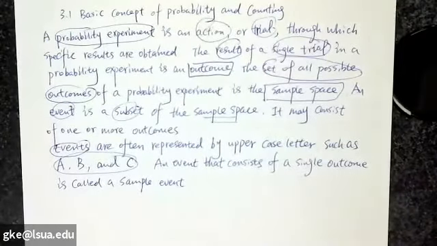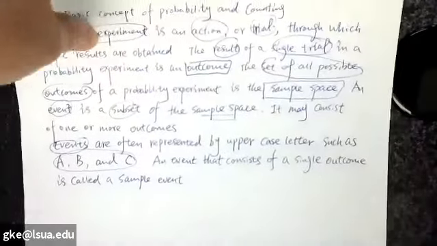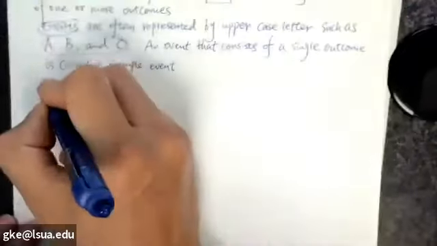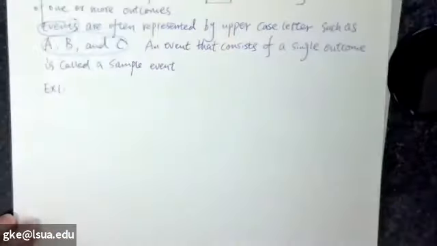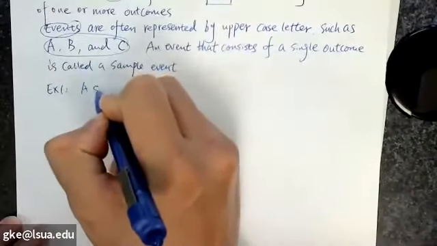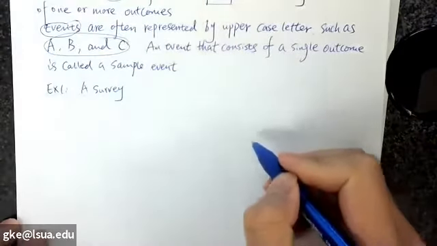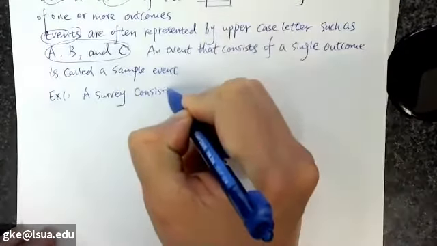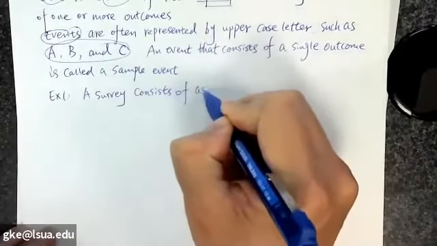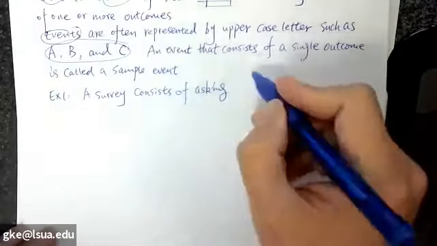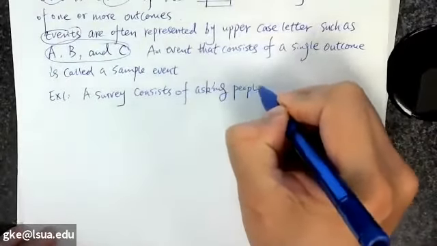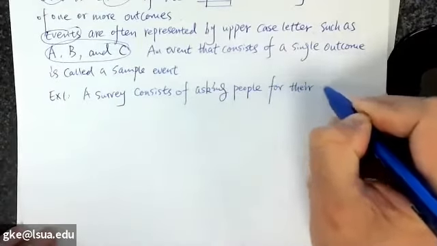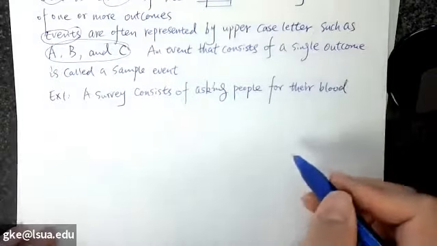The first example. A survey consists of asking people for their blood types.